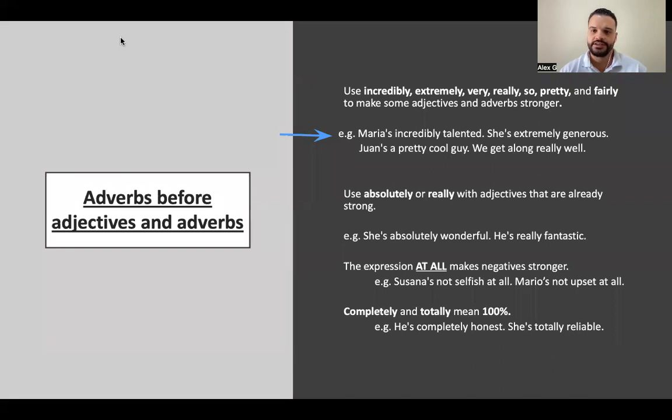She's extremely generous. Or Juan's a pretty cool guy. We get along really well. So as you can see here, we have the adverb plus the adjective. Again, that's the adverb plus the adjective, right? So make sure to pay attention to the location.